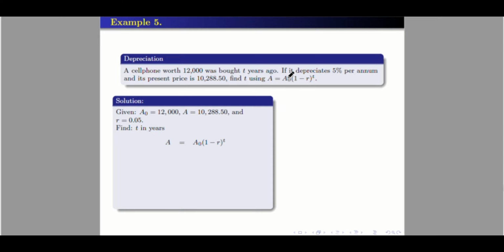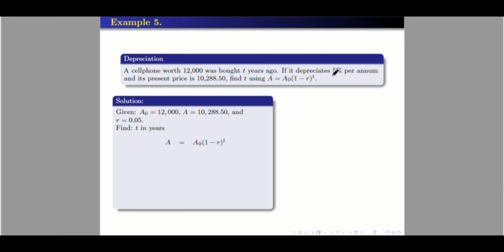So here, our initial price is A sub 0, which is 12,000. This is the initial price, and the final price now is 10,288.50.